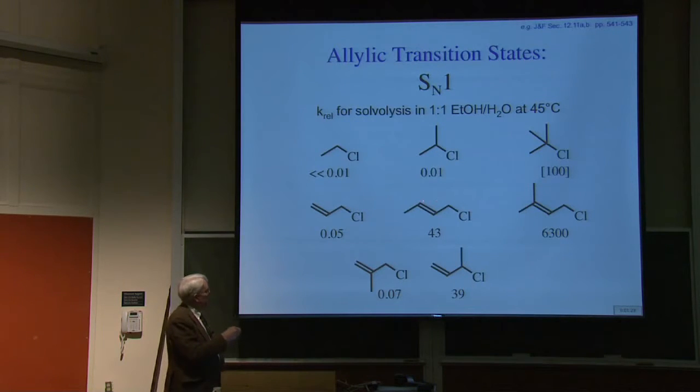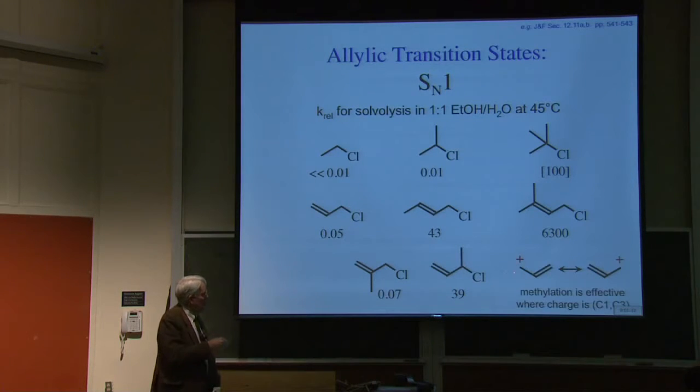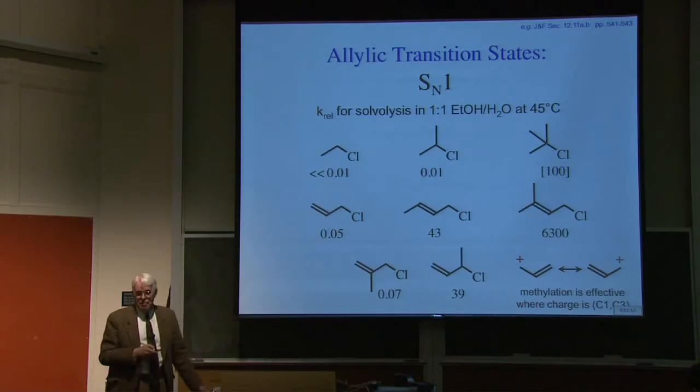So the methyl group has to be on one end or the other of the cation you're going to make when you lose the chloride, right? In order to get that acceleration. If you put it in the middle, it doesn't help. So again, we could look at where the charge is in the cation, and for the methyl to be effective in accelerating the SN1 reaction, it has to be where the charge is going to be.